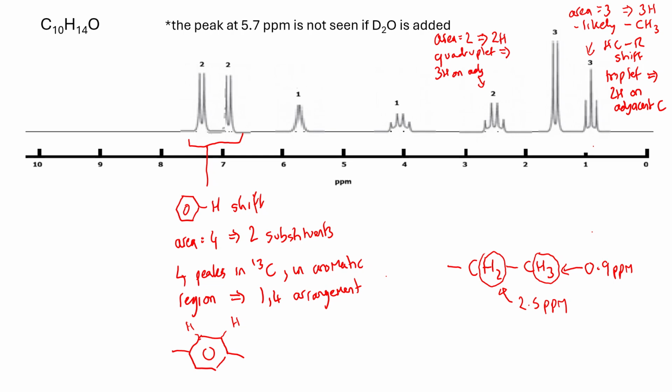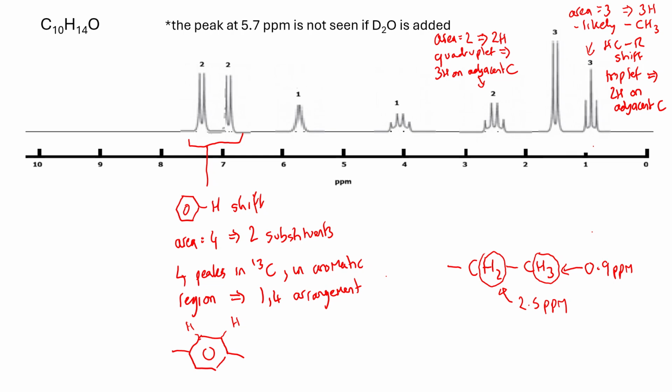So this is all good. And the really interesting thing about that is its shift. Because it's between 2 and 3, it could have been next to a carbonyl group, but we know we don't have a carbonyl group in the molecule. So the only possibility is that it's directly next to the benzene ring.